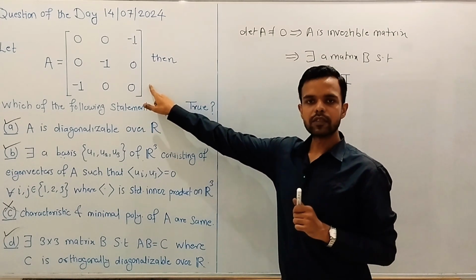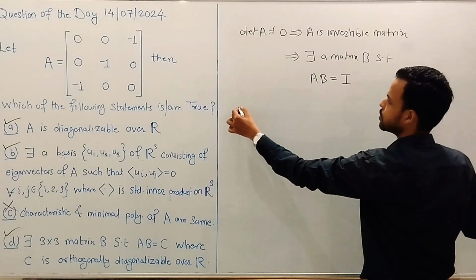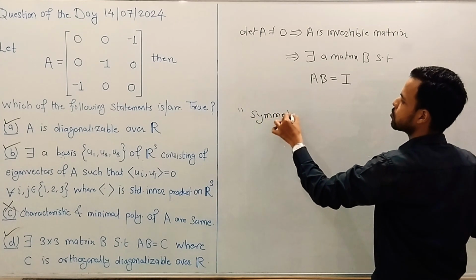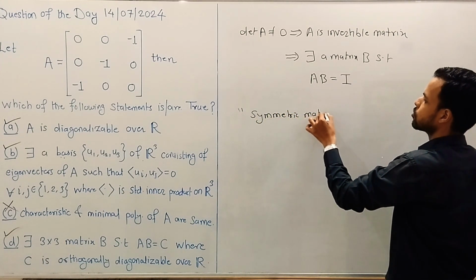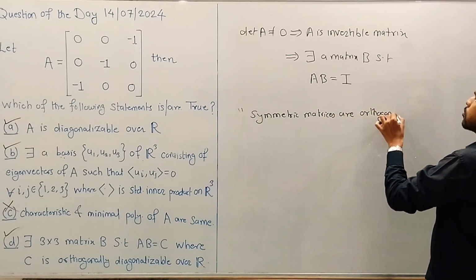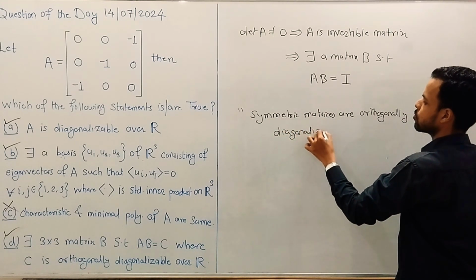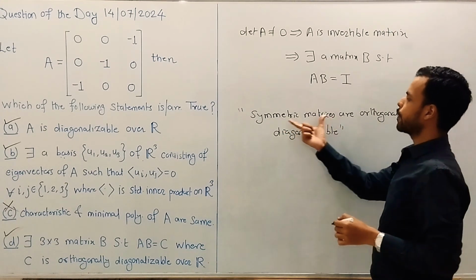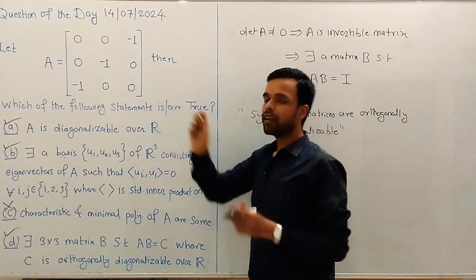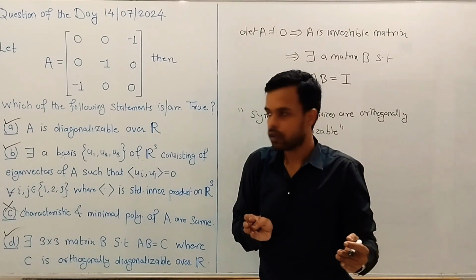You can verify that A transpose equals A. And for symmetric matrices, we have the result that symmetric matrices are orthogonally diagonalizable. So as A is a symmetric matrix over R, A is orthogonally diagonalizable over R.